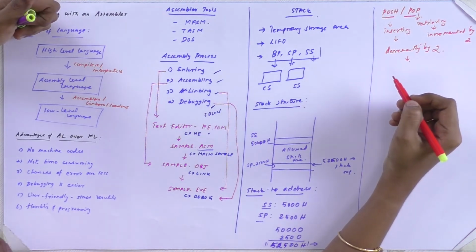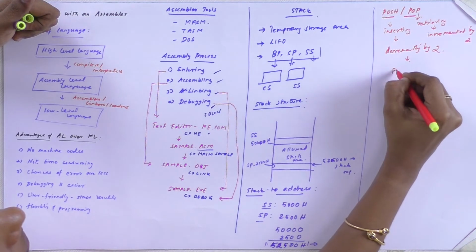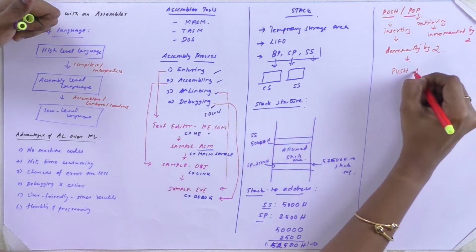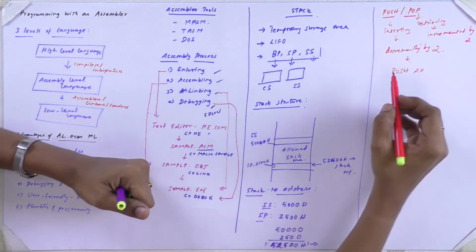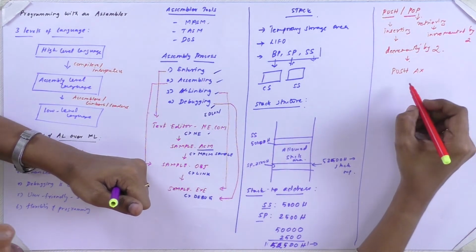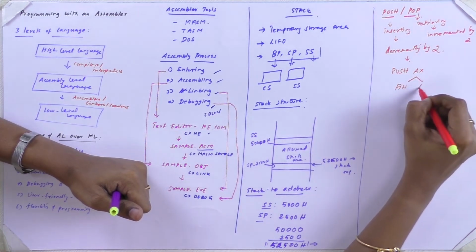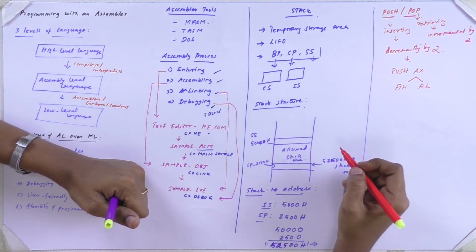Whenever you want to push a value, for example push AX, suppose you want to execute this instruction. It means that AH contains the higher byte value and AL contains the lower byte value.